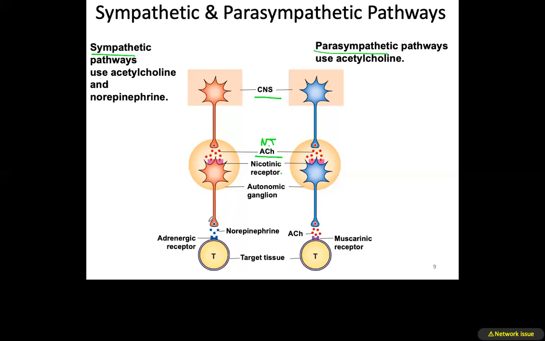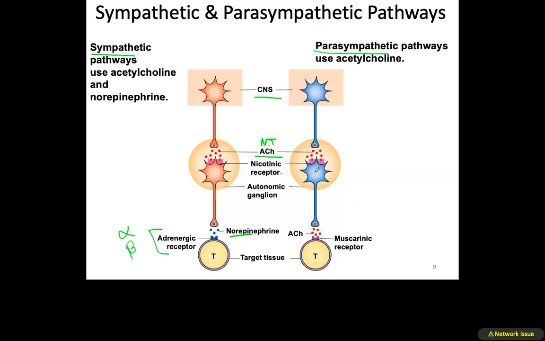If you're talking about the sympathetic nervous system, the neurotransmitter being released is norepinephrine. The norepinephrine binds to target tissue receptors identified as adrenergic receptors. Please note that there are two main types of adrenergic receptors, alpha and beta, and I'll show you these later as we go through the PowerPoint.